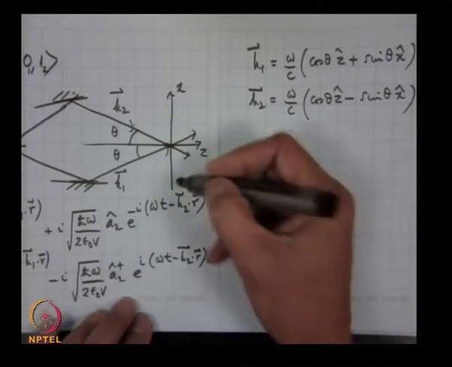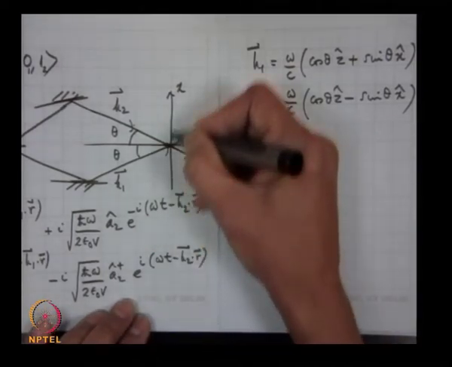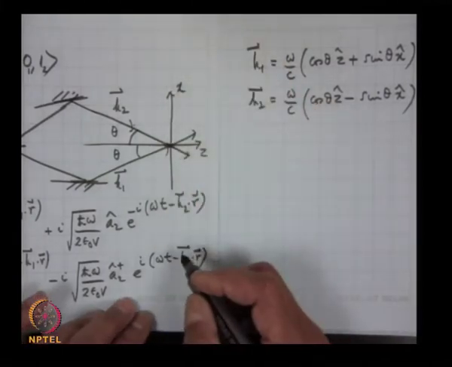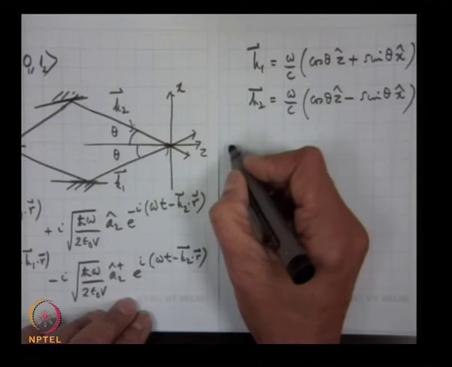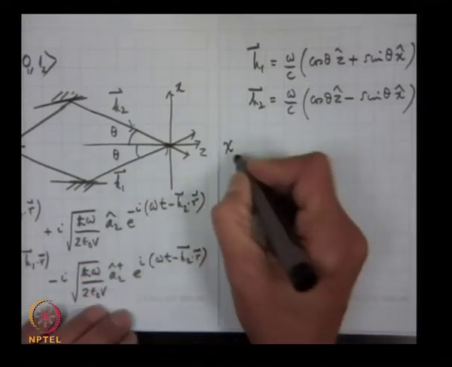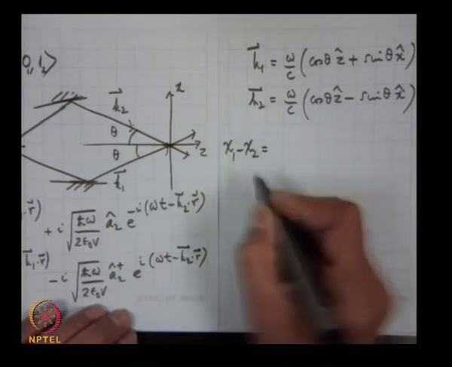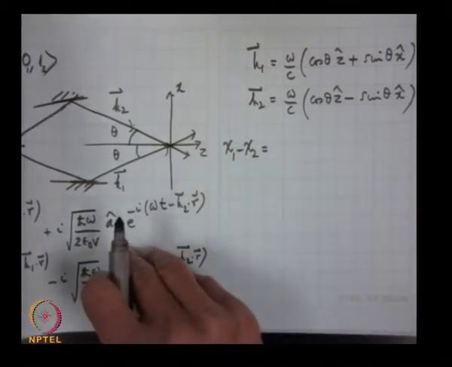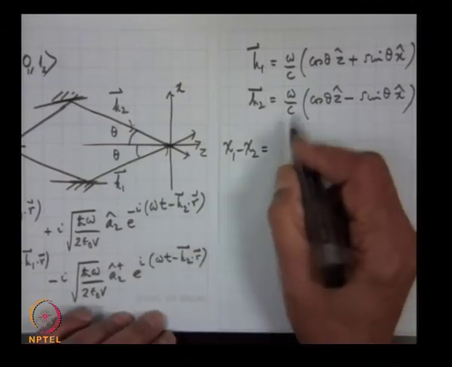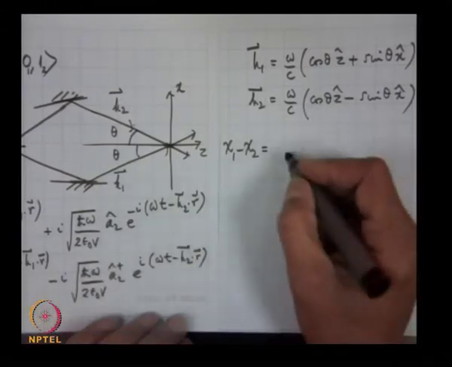And if I were measuring the photoionization probability on this plane, which I call z is equal to 0, then chi1 minus chi2 becomes equal to k2 minus k1 dot r. This is at z is equal to 0.